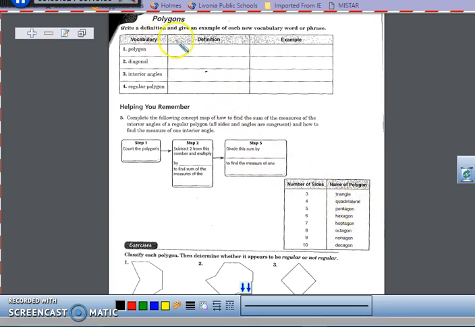Alright, so going up to polygon. Polygon is just a simple closed figure, and I am not going to be able to fit it all, so you fit it in your box and I'll keep writing. Formed by 3 or more line segments.